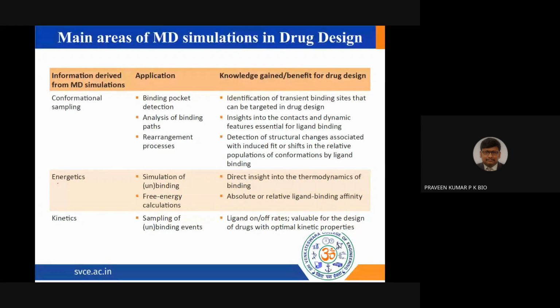And related to energetics, we can determine the energy of a ligand separately, and after docking the ligand with the receptor, what is the energy of the ligand-receptor complex? Okay, what is the energy of a receptor? All these things can be determined even during simulation. We can also find free energy calculations, perturbations.